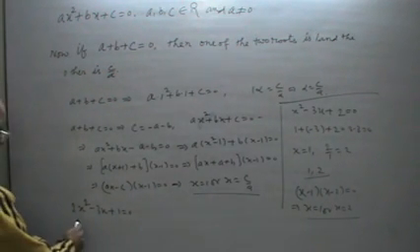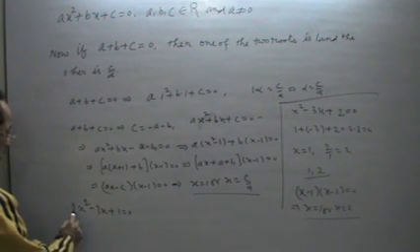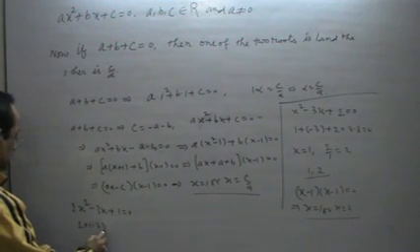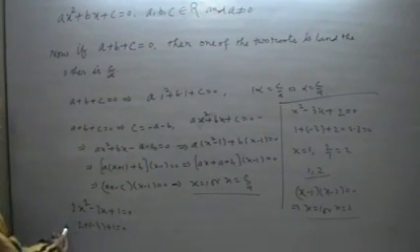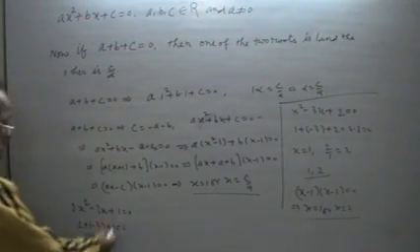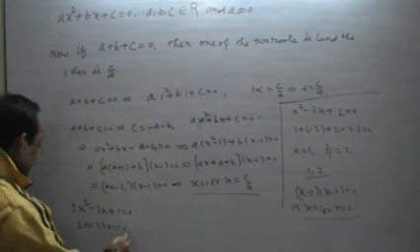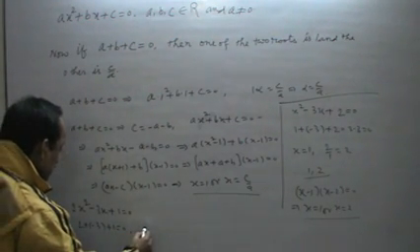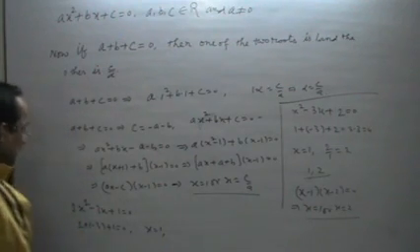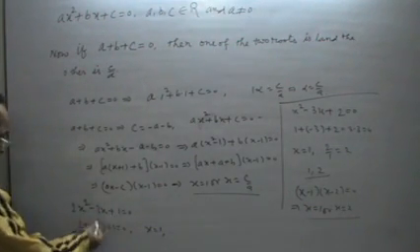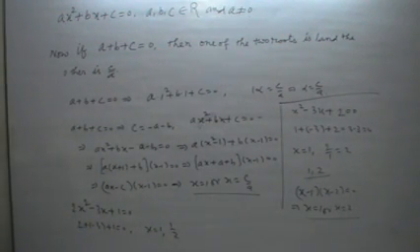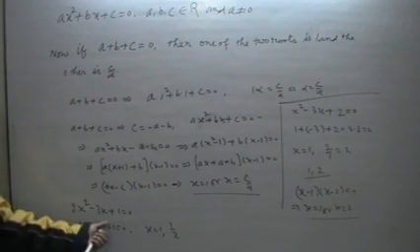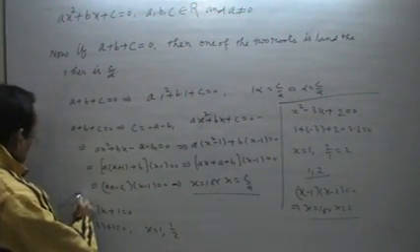See, sum of the coefficients is what? a is 2, b is minus 3 and c is 1. So 2 − 3 + 1 is 0. What does it mean? One of the roots should be 1, and the other root is c by a. So clearly x is equal to 1 is one root, and the other root c by a is 1 by 2. And you can simply see that it is satisfied by 1 and satisfied by 1 by 2. So this is the second example.